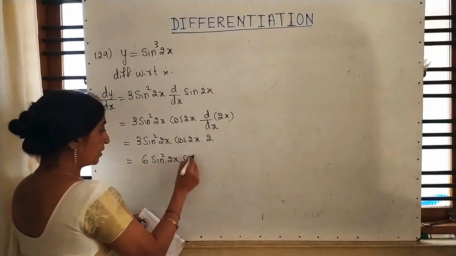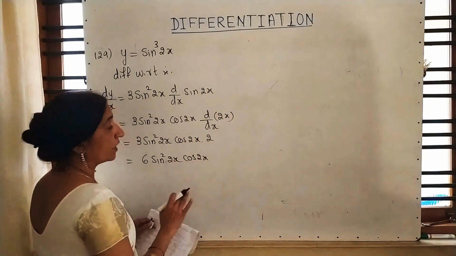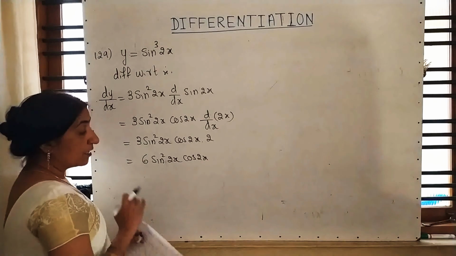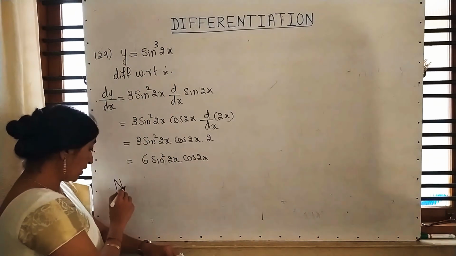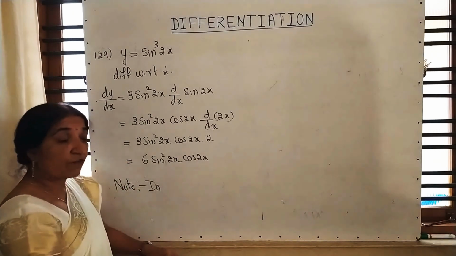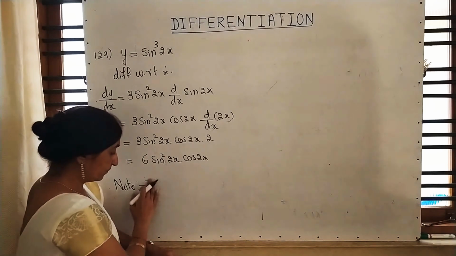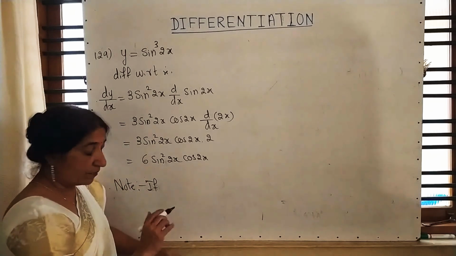And students, what mistake are you making? You are writing all the differentiation in one line. Don't do that. Differentiate one by one, step by step, so that you will get the answer. So what is the note?